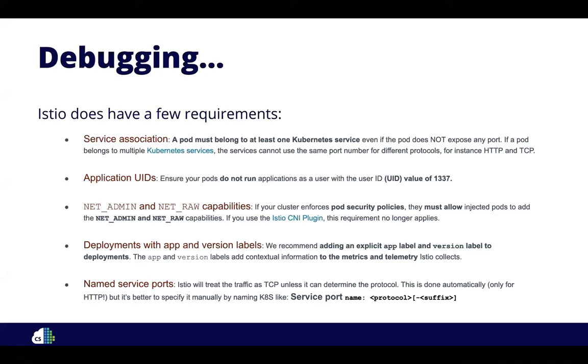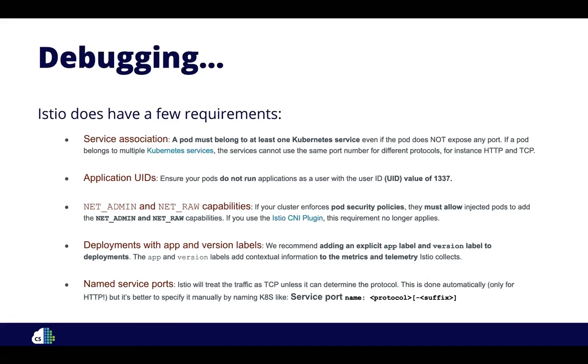Application UIDs. I talked about Linux kernel namespaces, and you could see that 2 containers in one pod share the same UID namespace, which means that two users in 2 containers can't have the same UID. And since the Istio sidecar container uses UID 1337, any other container in the same pod can't use that 1337 UID.